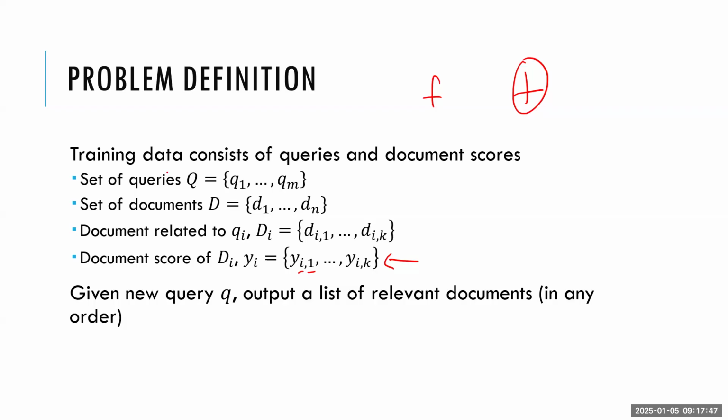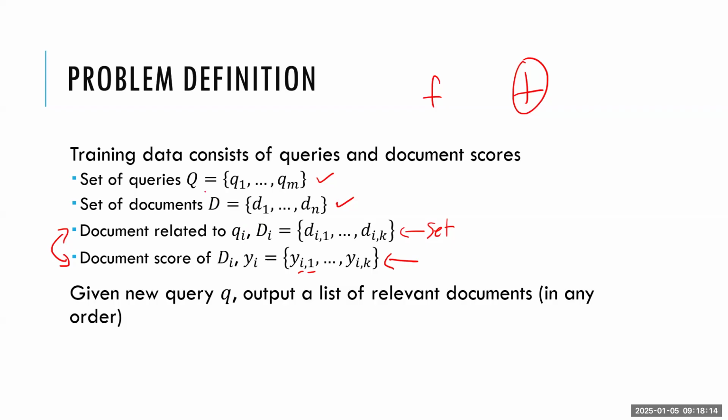So our training data is going to have a set of queries and a set of documents. And then some of the data set is going to have this pair, right? The documents related to Q_i. So this is a set, based on the index i.